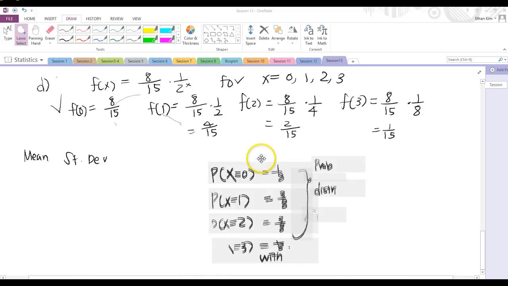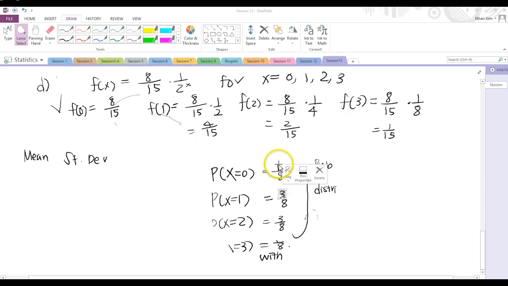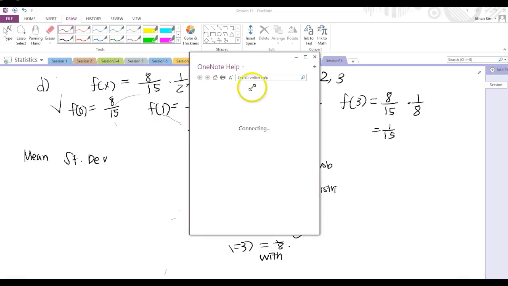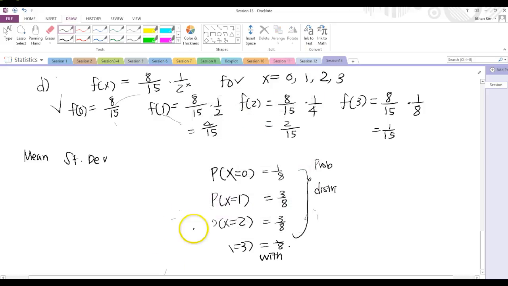This is the stuff that we worked on before. And again, x represents a random variable. This is the number of heads.